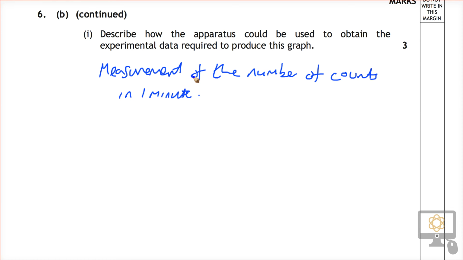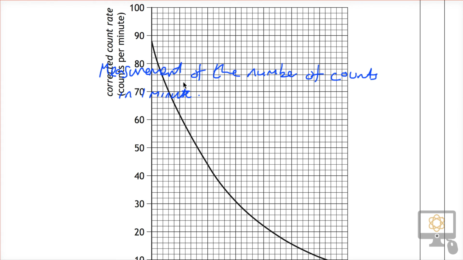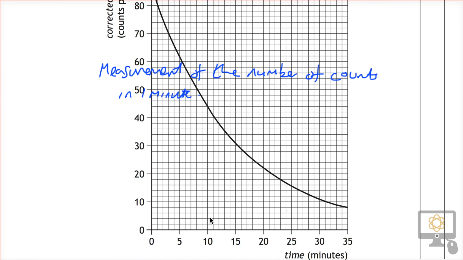And then that measurement is done repeatedly, because if we want to build up this graph, we don't just want to know the number of counts done in a minute at one time, we want to know what happens over time. So maybe in 5 minutes, and then in another 5 minutes, what's the new counts per minute, and so on.